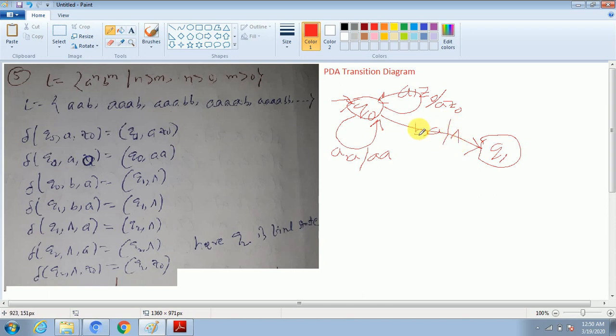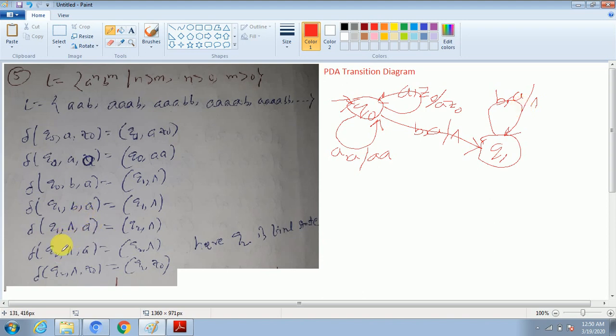This is about Q1. Come to the fourth function, Q1, B, A goes to Q1, meaning a self loop. Here at the self loop, the coming input is B, top is A, and both get nulled.